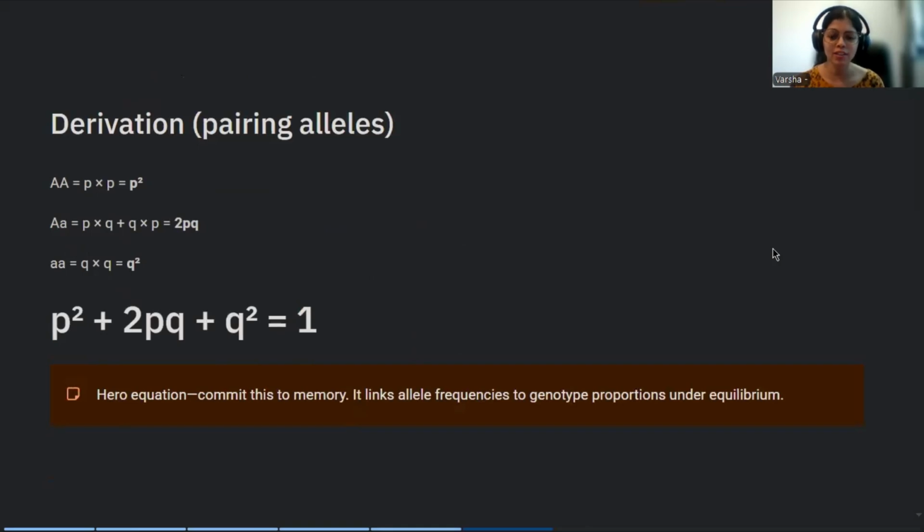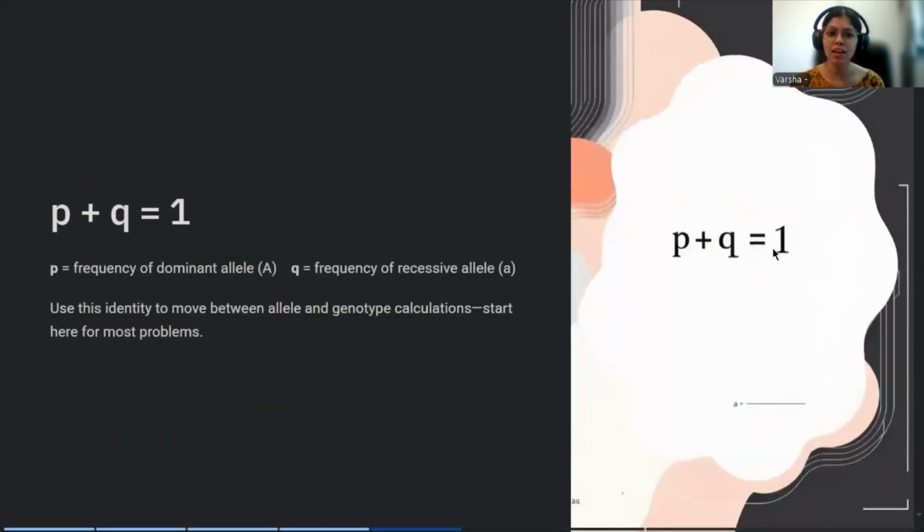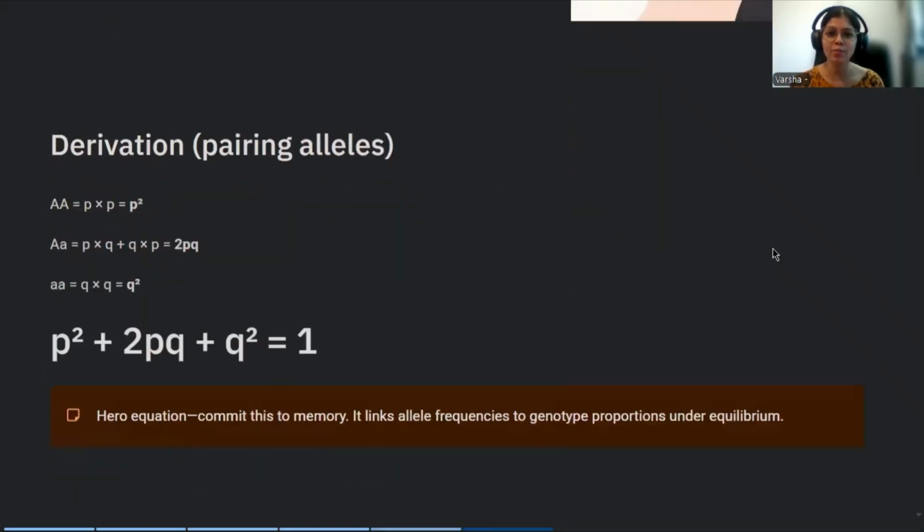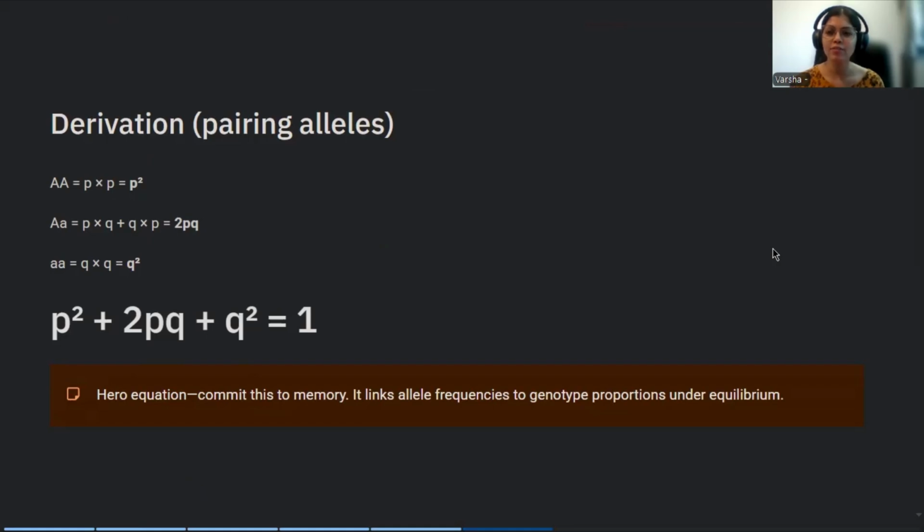Now, the derivation of the equation, which is P square. How does P square come about? As I told you earlier, P is the frequency of the dominant allele, but here we will talk about the genotype frequency. So P square is equal to P into P, and this P into P comes from AA, the dominant allele present in the gene pool.